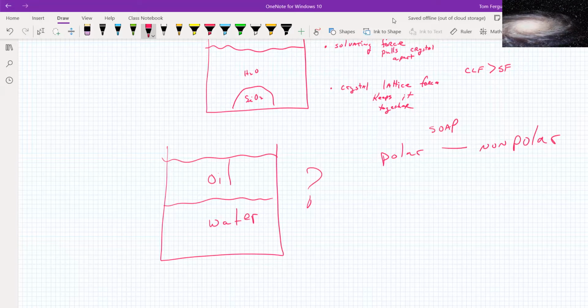Why do you think that? That's right. So the polar end can bind to the water, and the non-polar end can bind to the oil.